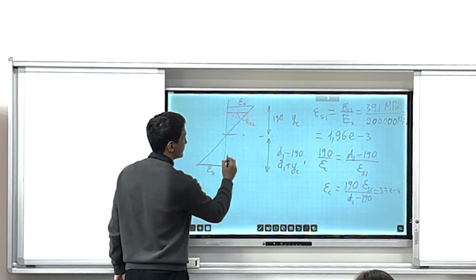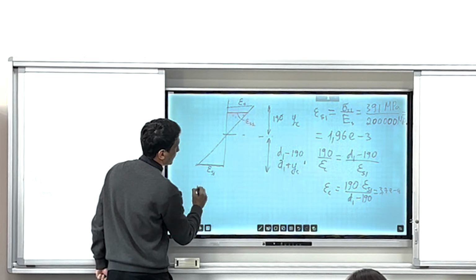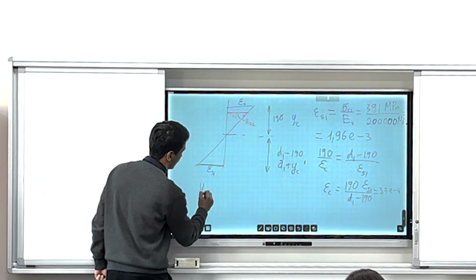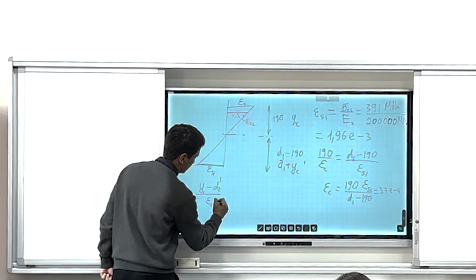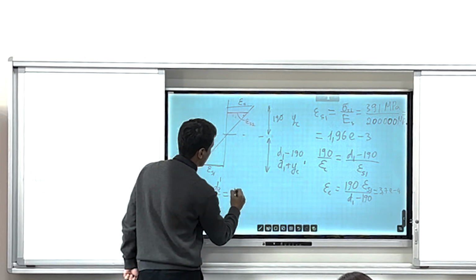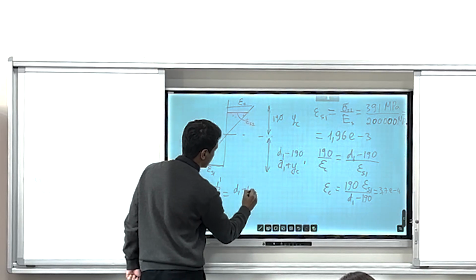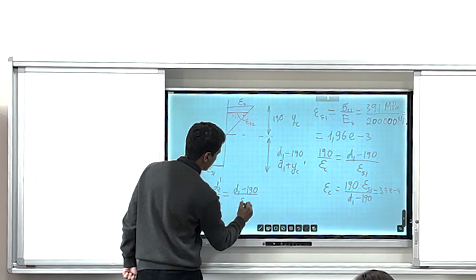Let's find epsilon s2. So yc minus d2 prime divided by epsilon s2 is equal to d1 minus 190 divided by epsilon s1.